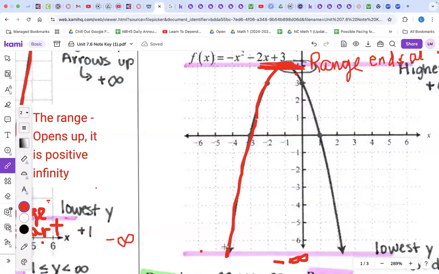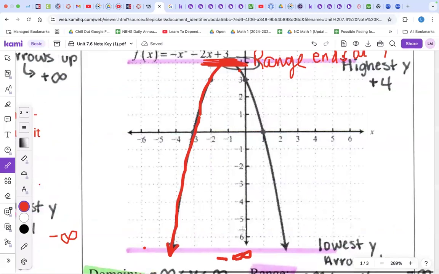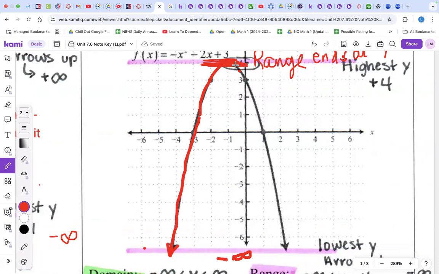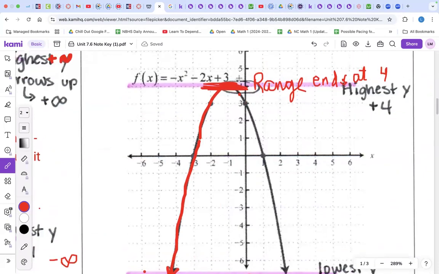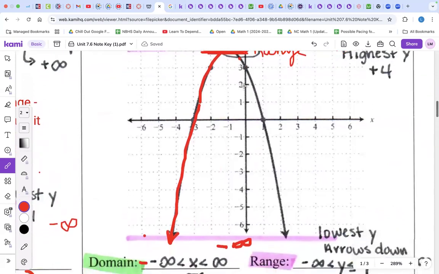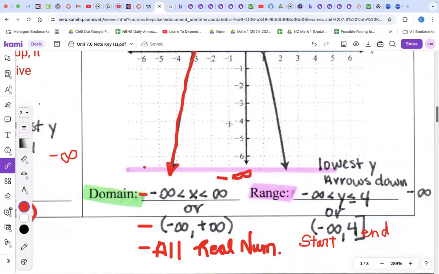Now, don't pay attention to where that arrow is. That arrow means it goes forever and ever and ever. All right? So when we write our range this time, we're going to put that it is negative infinity, and it goes up and stops at, it looks like it stops here at positive 4. So that means our answer is going to look like negative infinity, comma, 4. And note your brackets for the 4.